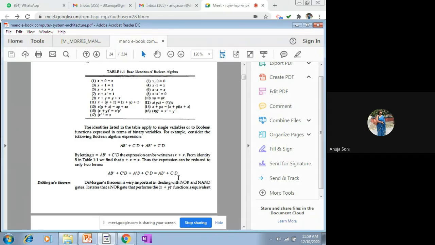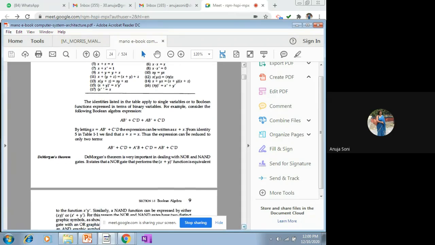So whenever you simplify a Boolean expression and use a specific Boolean identity, you have to mention the reason within parentheses. You specify that x plus x will be equal to x, and that you have applied it over this expression.